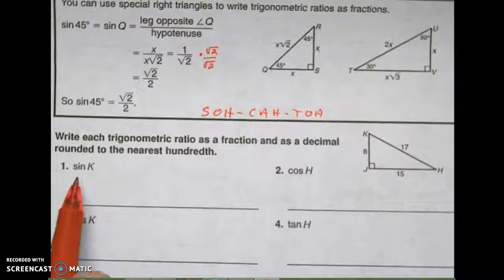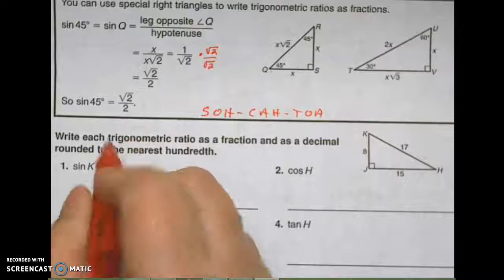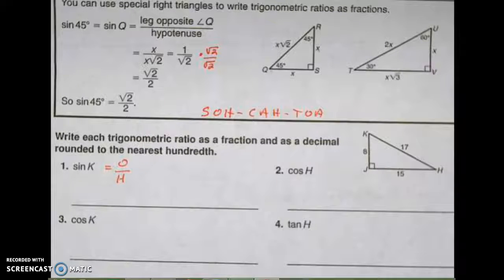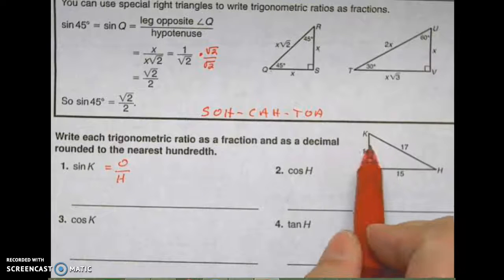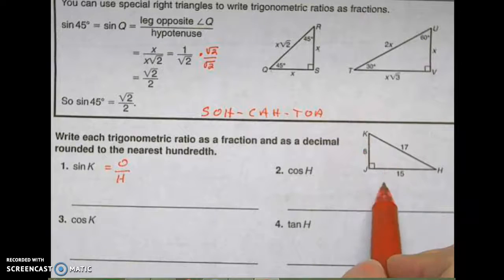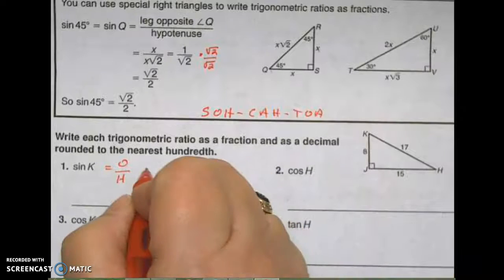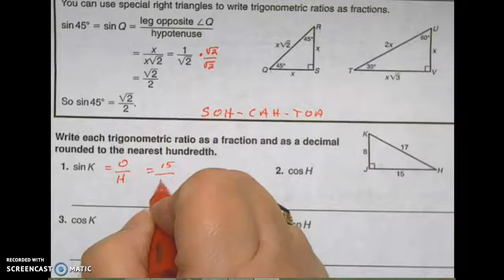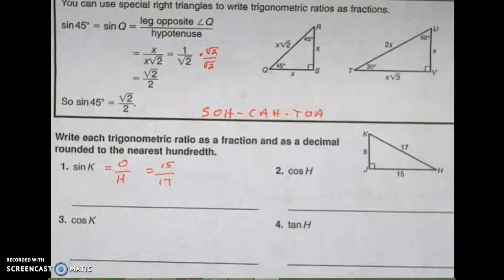If I'm looking for the sine of angle K, I know that's going to be the opposite side over the hypotenuse. That's that SO part. So I look at angle K. The side opposite is my 15. My hypotenuse is 17. And I've got my ratio written as a fraction.